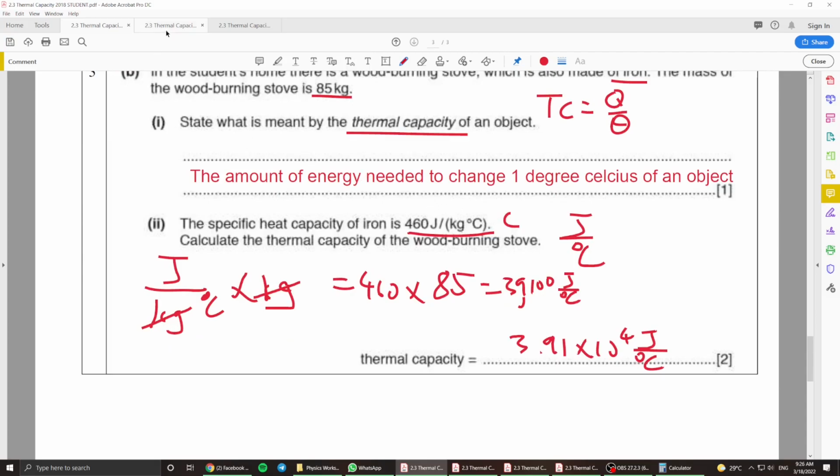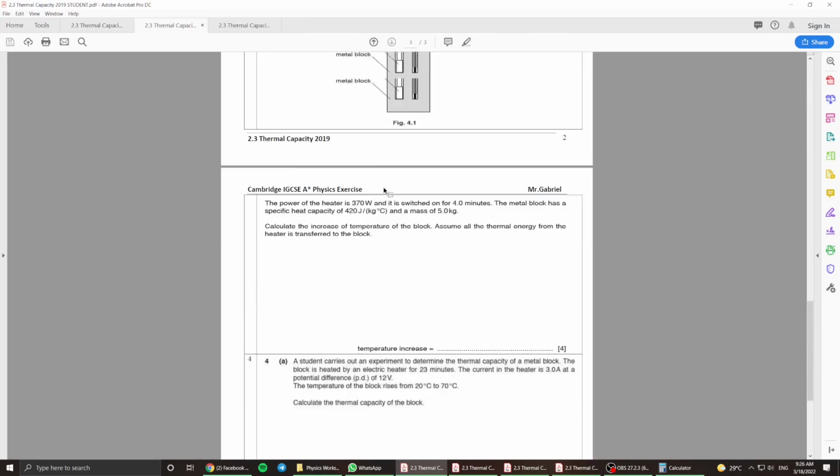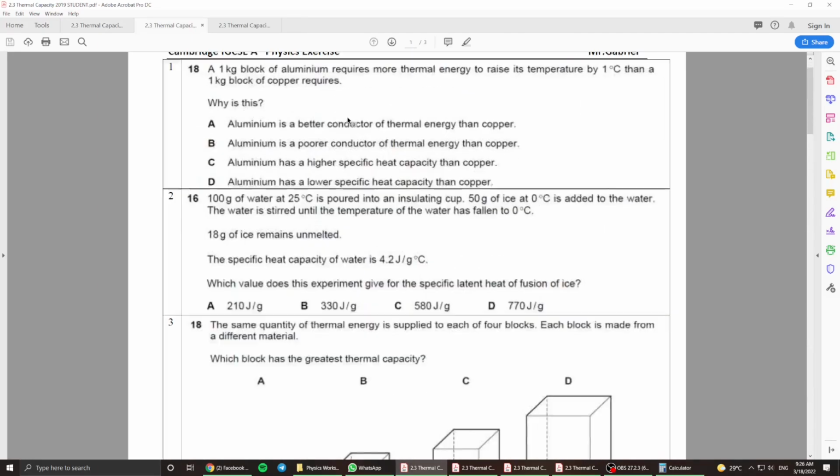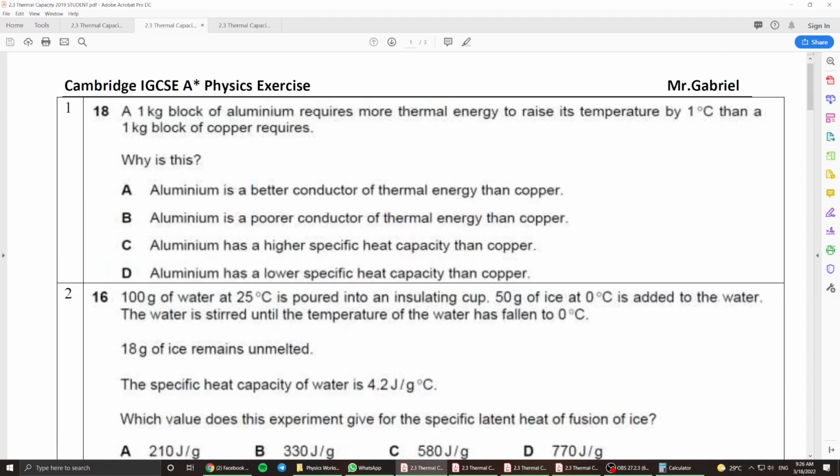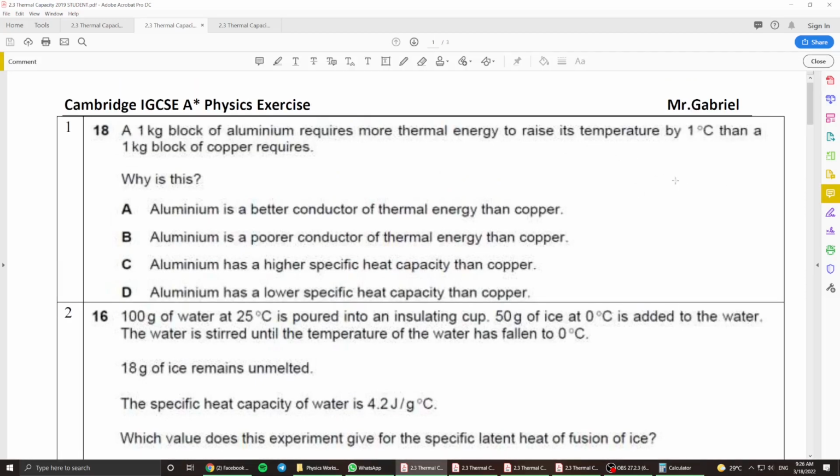Alright. Moving on to the next set of questions. We'll look at question number 1. A 1 kg aluminium block requires more thermal energy to raise its temperature by 1 degree Celsius than 1 kg of copper. If it requires more energy, it means it has a higher specific heat capacity. Why is this so?